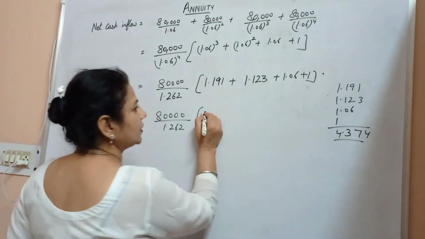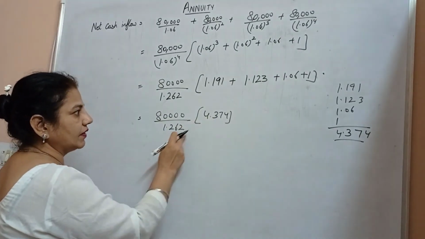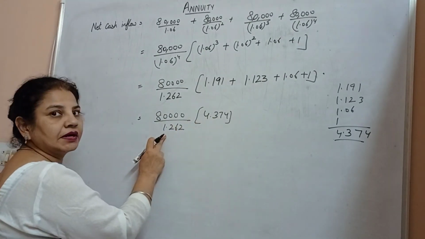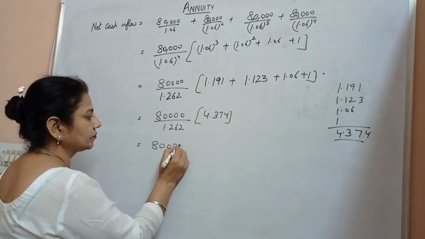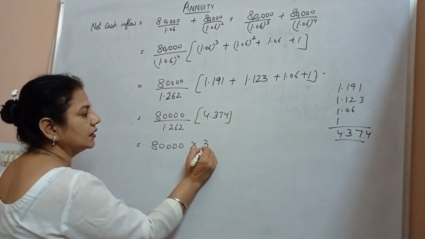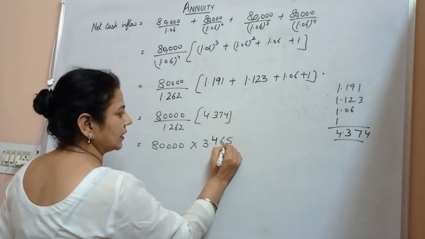So you will get 4.374. Now dividing 4.374 by 1.262, we get 80,000 multiplied by 3.465.